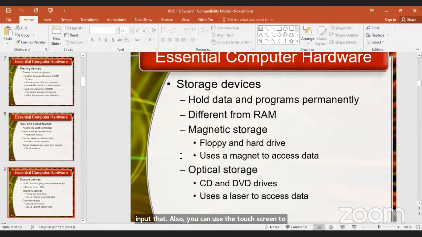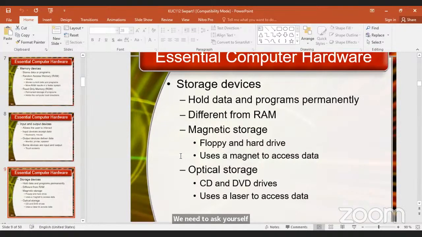We have storage devices. And most of you are confusing storage devices and memory. So we have computer memory and computer storage. What's the difference between memory and storage? You need to ask yourself that.